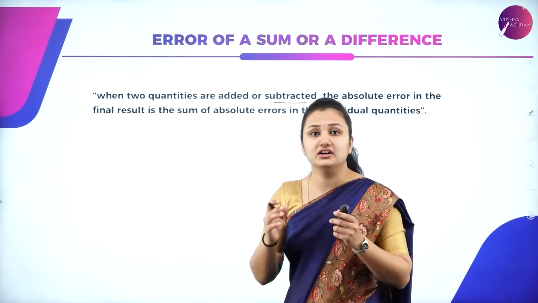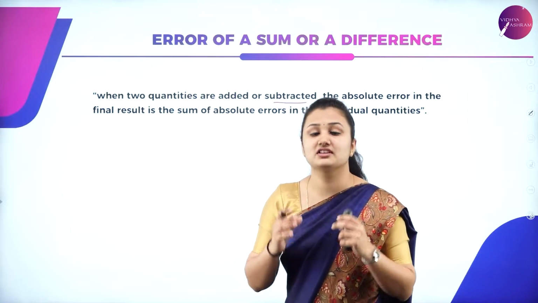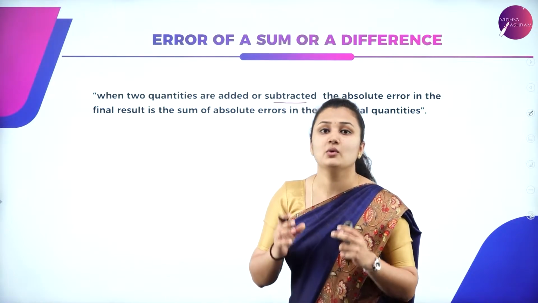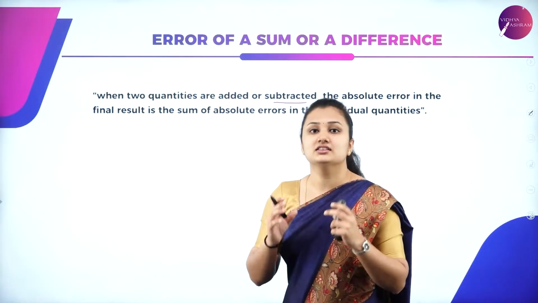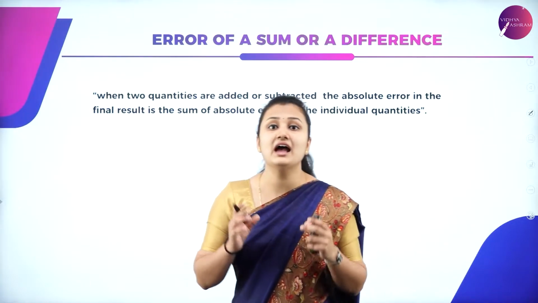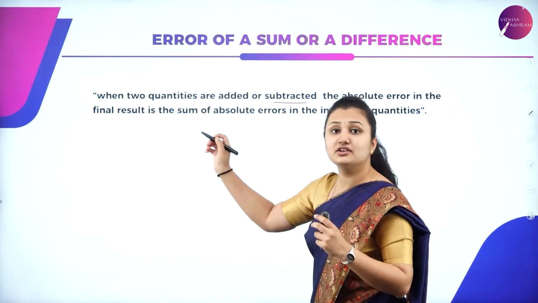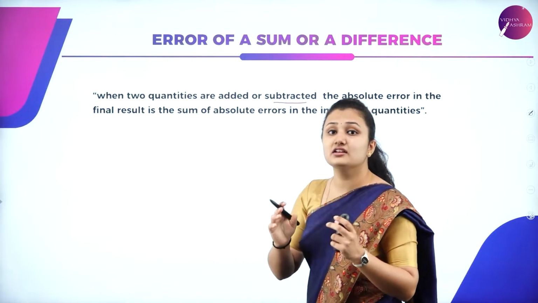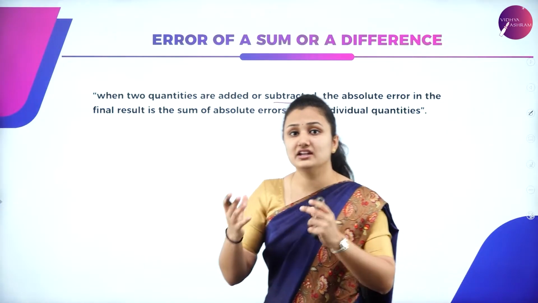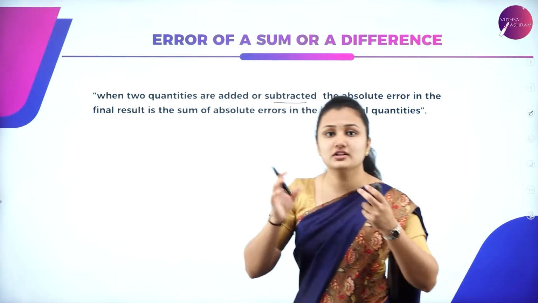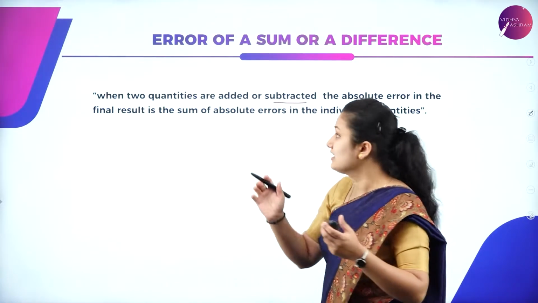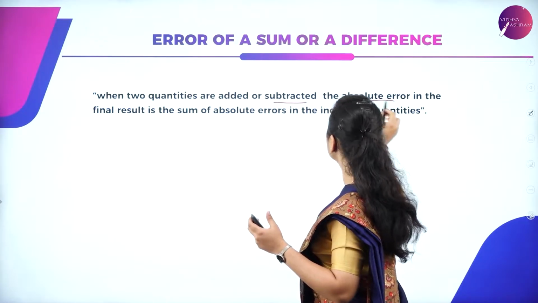So I have told you earlier in the previous sessions that every measurement you make will have an uncertainty. This uncertainty is nothing but an error. So it will have an error, though the error in the final result, due to addition of two quantities or due to subtraction of two quantities, is nothing but the absolute error.